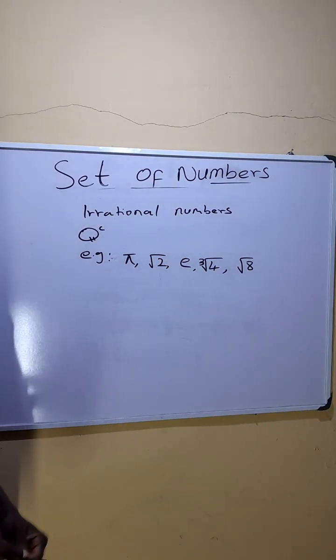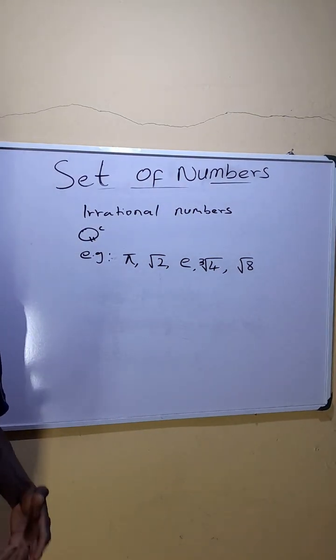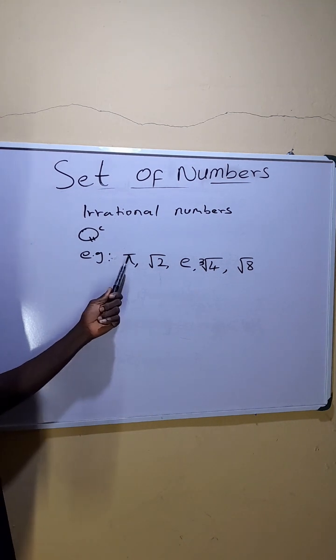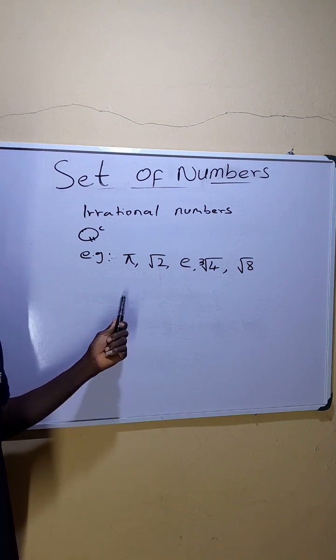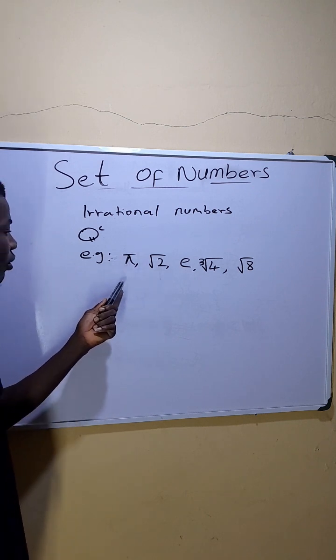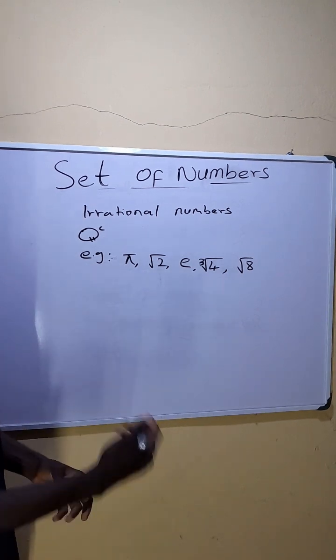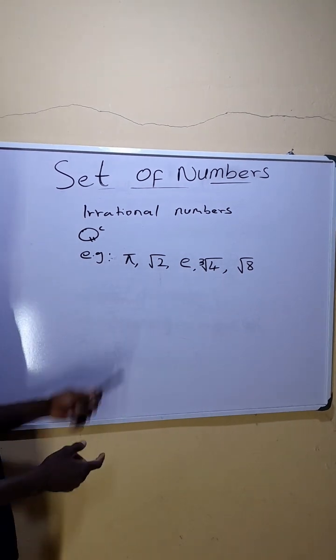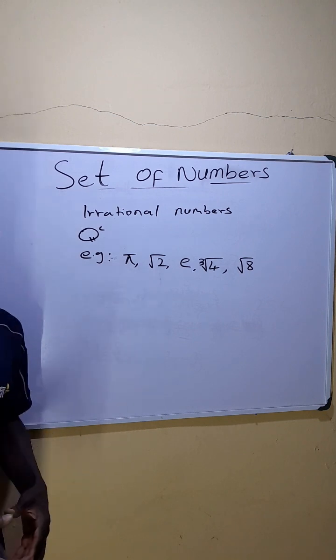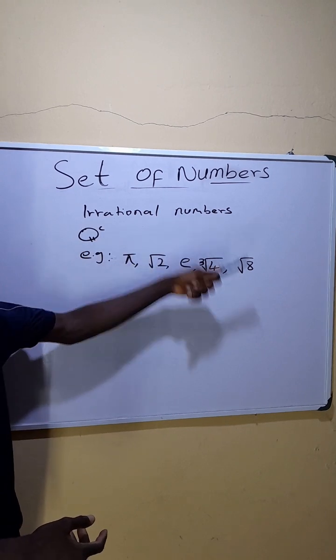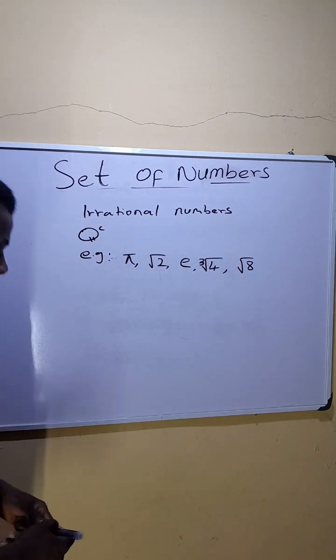These irrational numbers, you cannot express them as fraction. Yes, some people will say that pi is 22/7 is a fraction. When you convert that 22/7 to decimal, you will not be able to convert it back to fraction. So all these decimal numbers that cannot be expressed as a fraction are under irrational numbers.